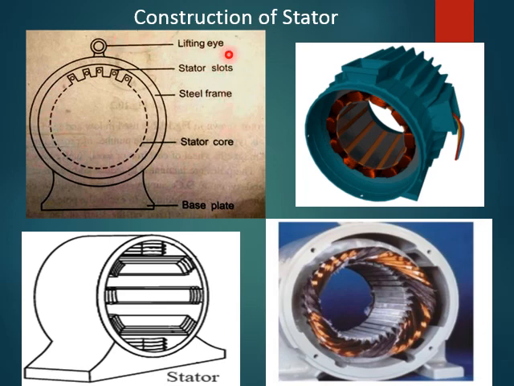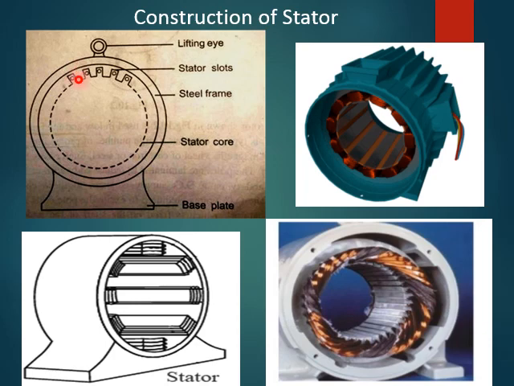Now the function of stator frame is to support the stator core and protect the inner parts of the machine. Now the stator core is made up of thin laminations of silicon steel. Its function is to carry alternating flux, which reduces the eddy current loss and hysteresis loss.